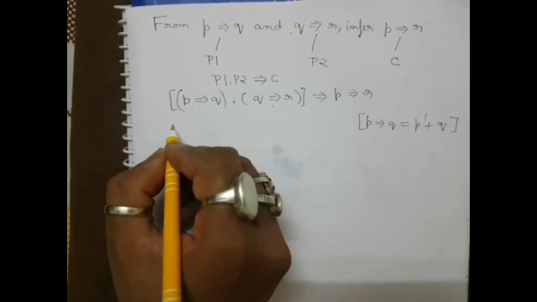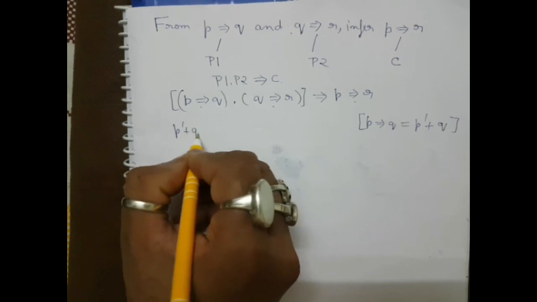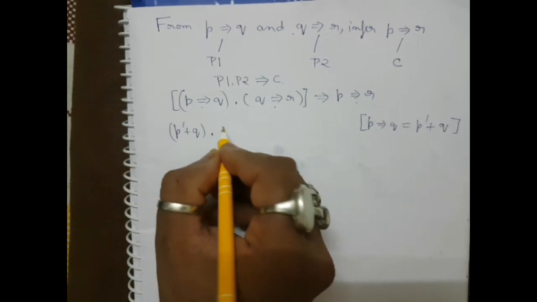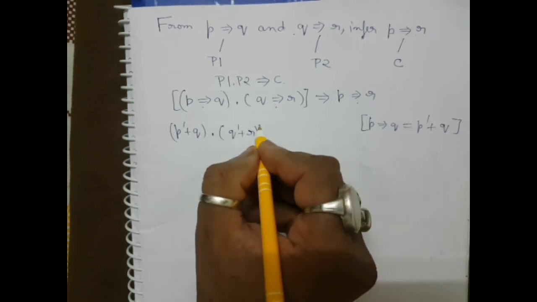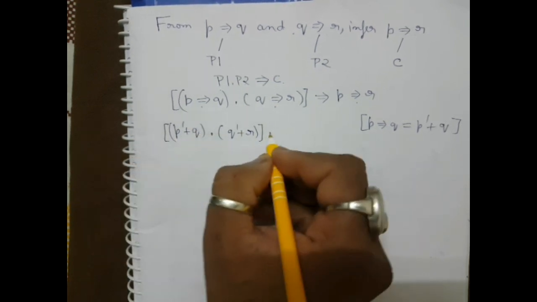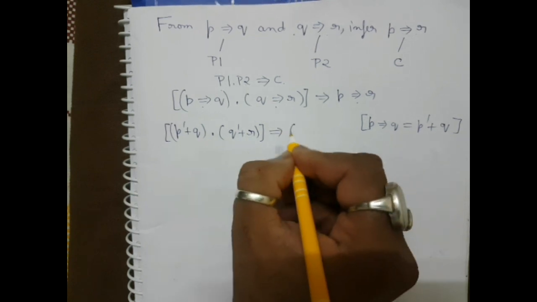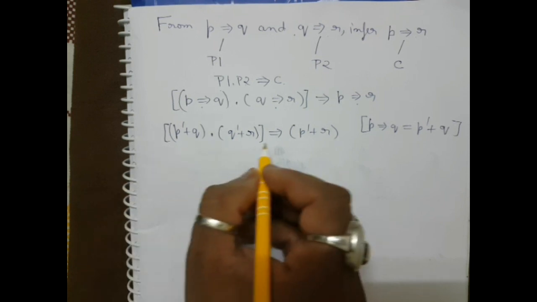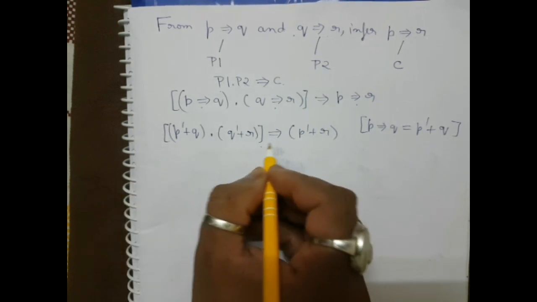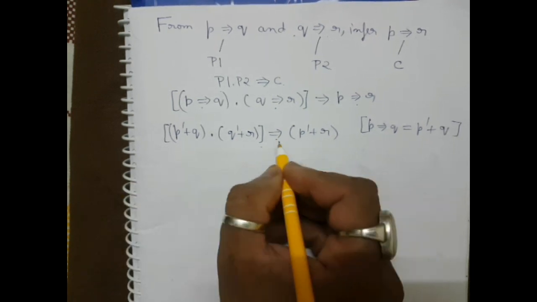We write P dash plus Q for this, then dot Q dash plus R, and then I write conditional, in the parentheses, P dash plus R. Now this whole can be taken as the antecedent for this conditional and this as the consequent.